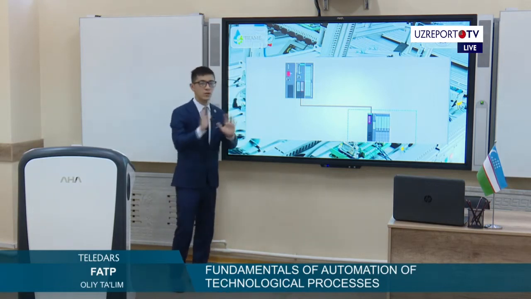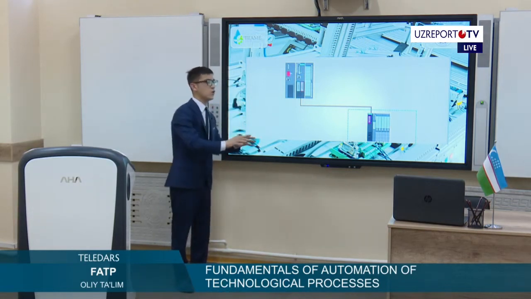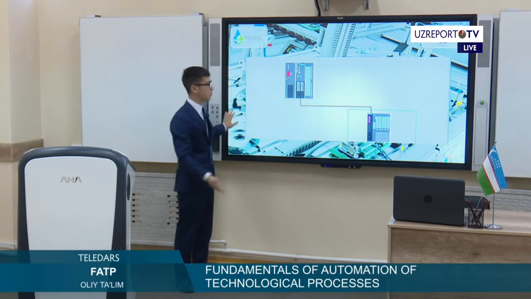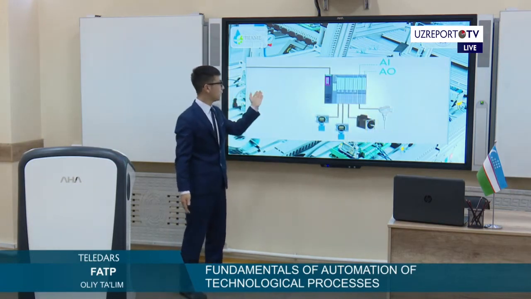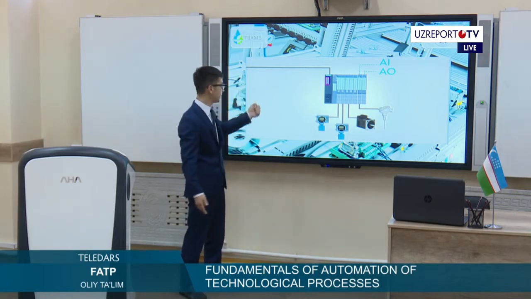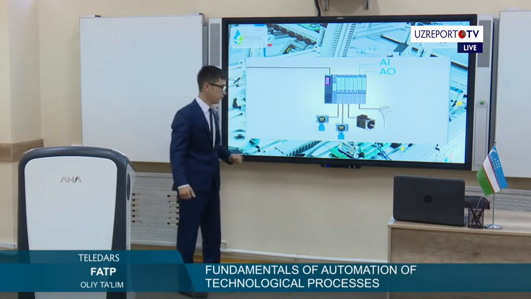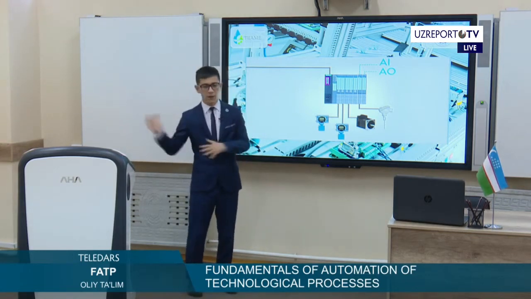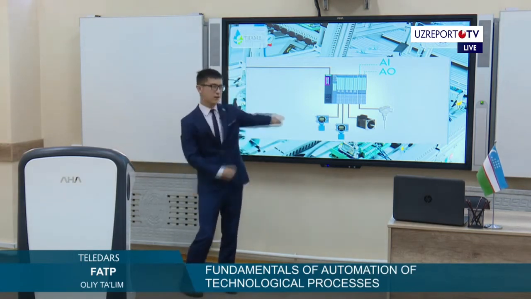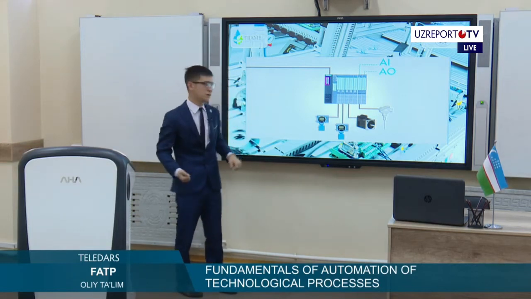You continue working. You don't need to go there, switch it off, or check how it runs. And here is one example of how a controller is connected to other devices, and you can stay at the bottom of the whole process and see how it happens at the top of the process.